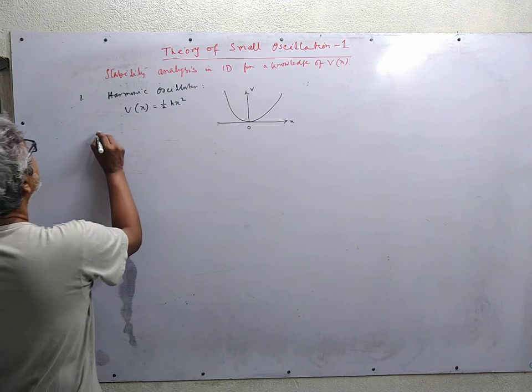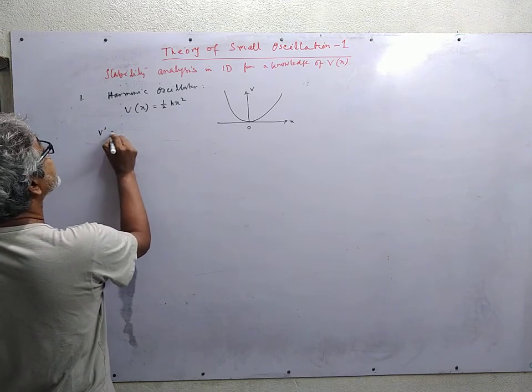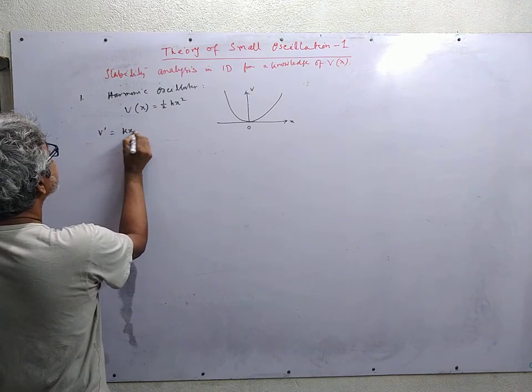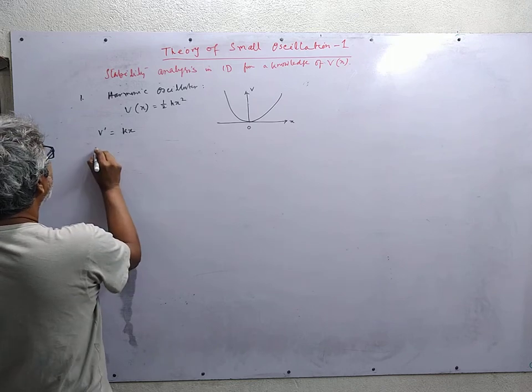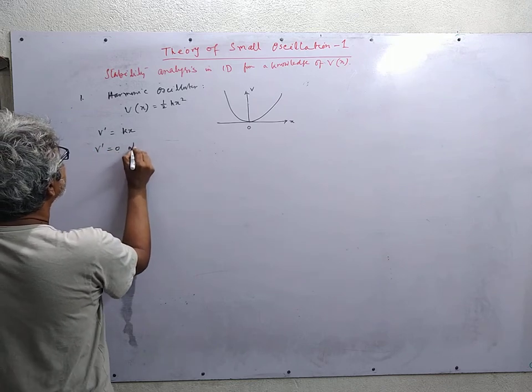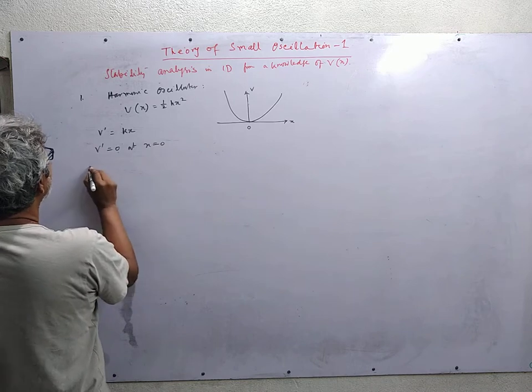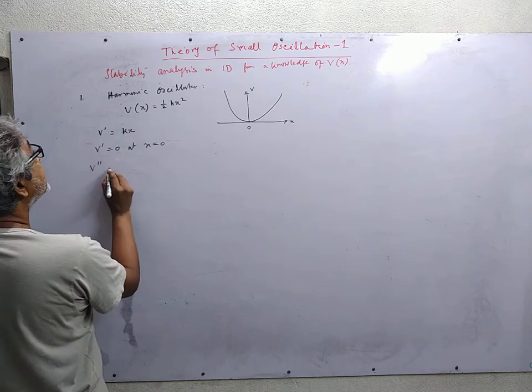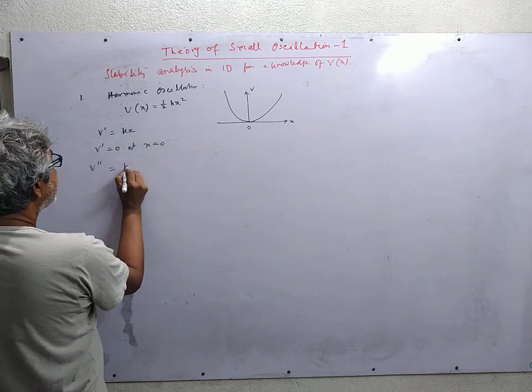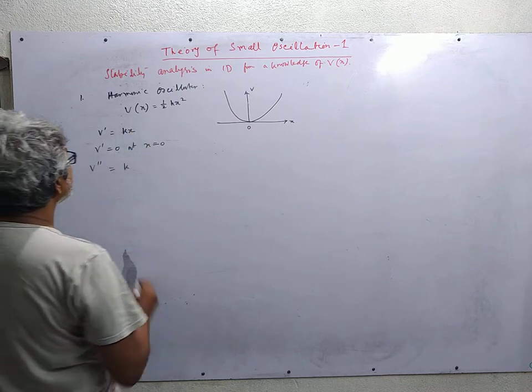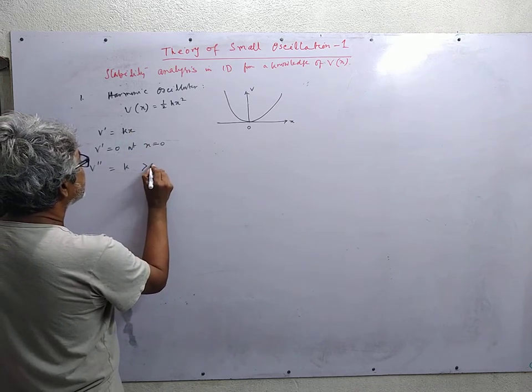So we first take the derivative of it. So it is kx, and V prime is 0 at x equal to 0, and V double prime is simply k, where k is a positive constant and it is greater than 0.